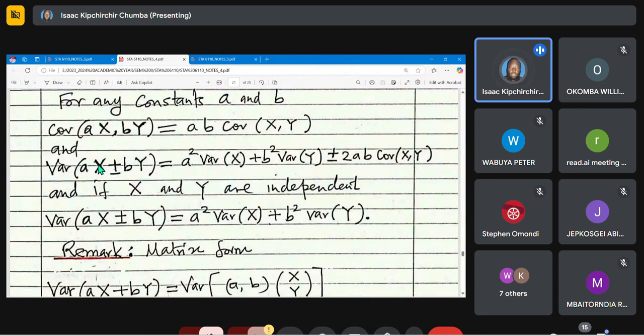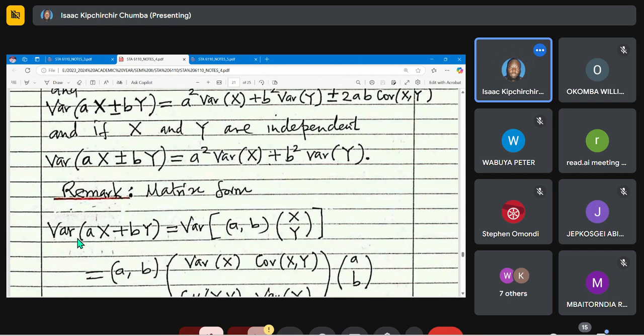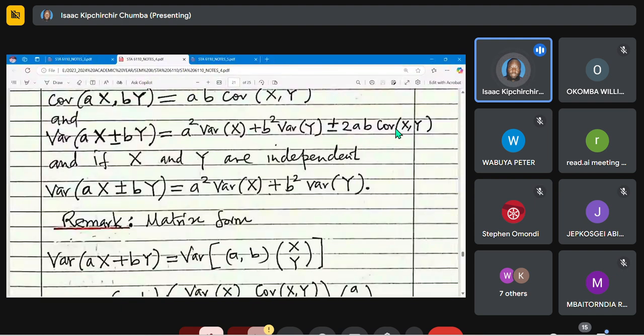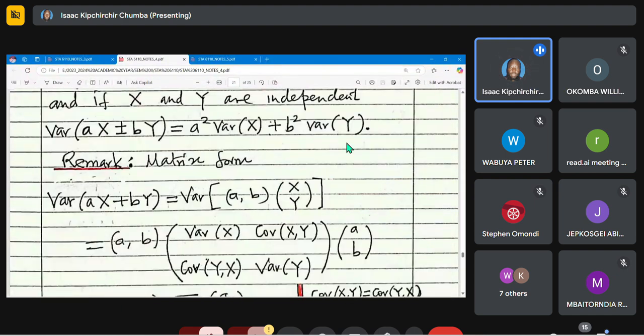Var of ax plus by is equal to a squared var x plus b squared var y plus twice ab cov of xy. So I pick that one here. We know the result on the right hand side, but whatever I have on the left hand side, I can rewrite as follows.